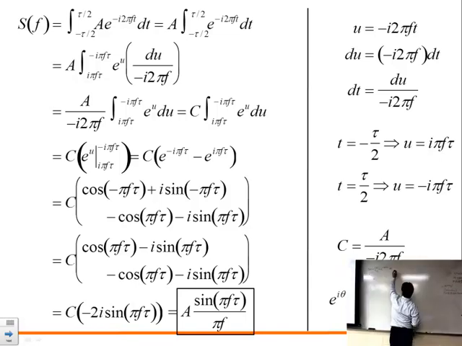Take the A out. It's easy to do, so I'll do that simultaneously. Now I get a cosine of 2 pi f t. It's minus i, so it's going to be a minus i sine 2 pi f t.